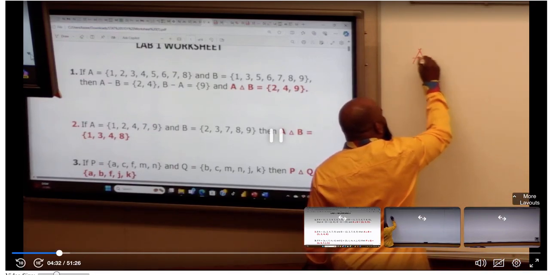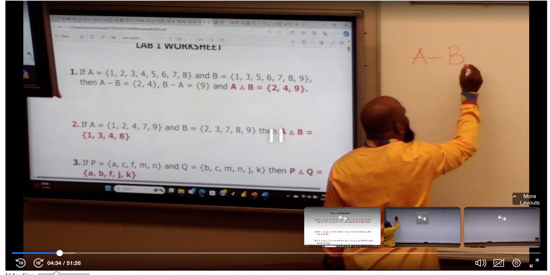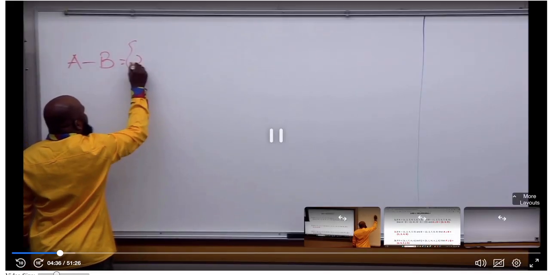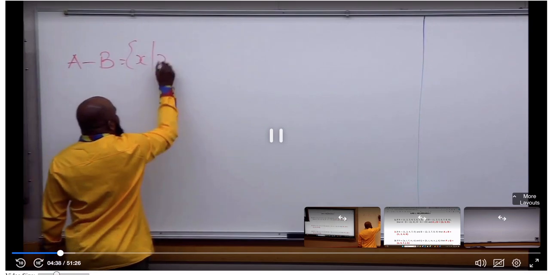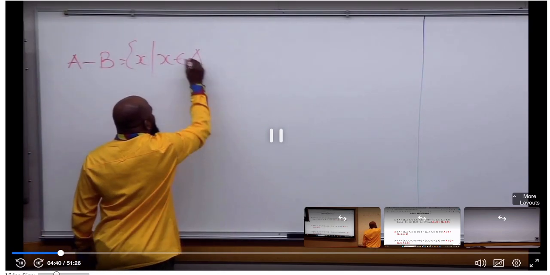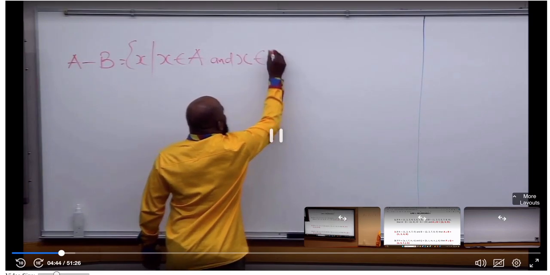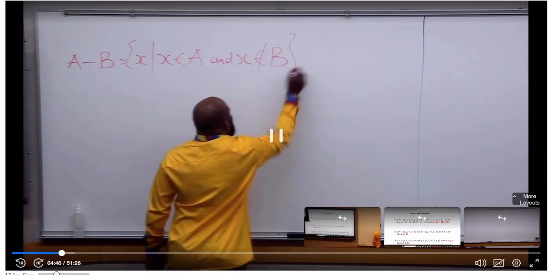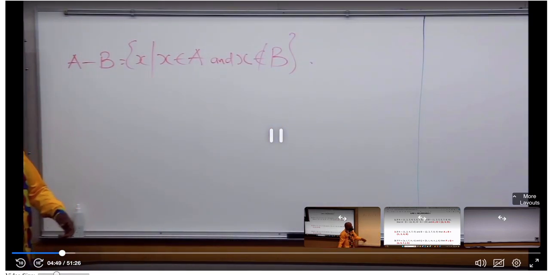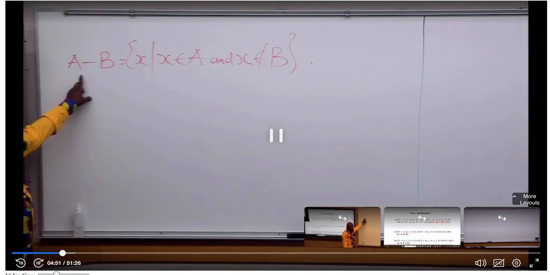A minus B is the set of X such that X lies in A and X does not lie in B. This is the mathematical definition of A minus B.